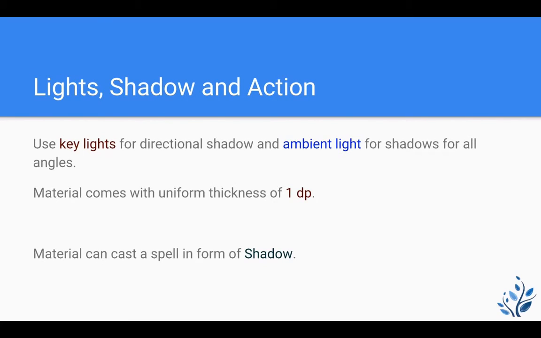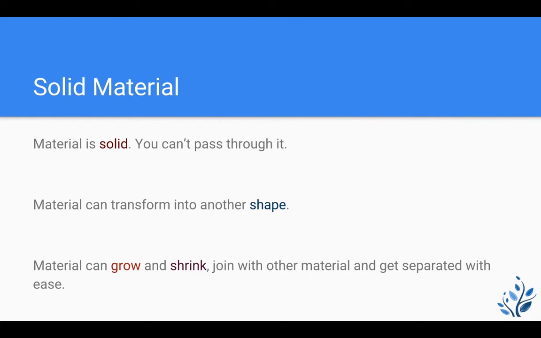Make sure you're using lights as and when required and to add some value to the whole UI and UX. Shadows can be unidirectional or multidirectional depending on the kind of light you are using.